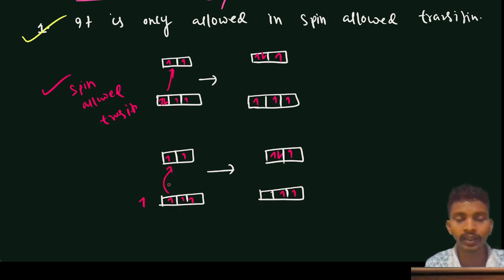If it is in this form, then after going it will change to this, so the spin should not be changed. Okay, if the spin is changing, then this will not be a transition. The spin should not be changed, this is not allowed, but here this is spin allowed.